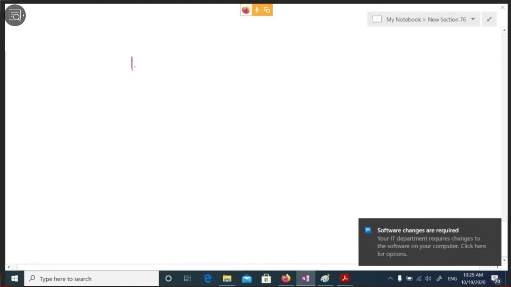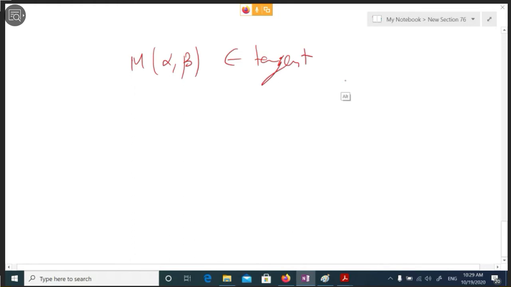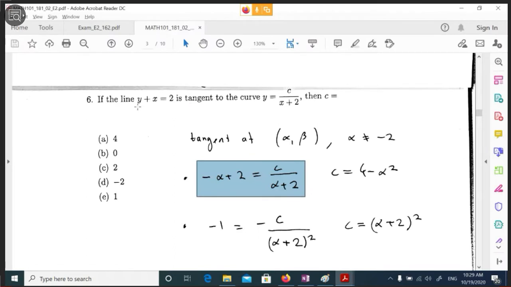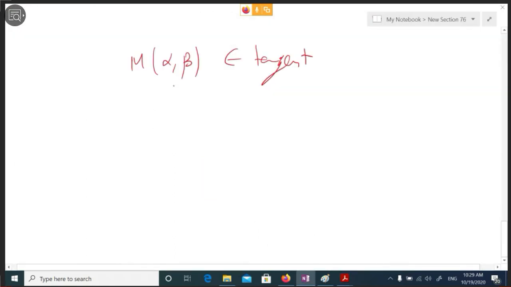Do you understand that? Clear? Look, I have a point. It belongs to the tangent, so it satisfies the equation of the tangent. What is the equation of the tangent? The equation of the tangent line is y, which is beta, equals minus x plus 2, minus alpha plus 2.